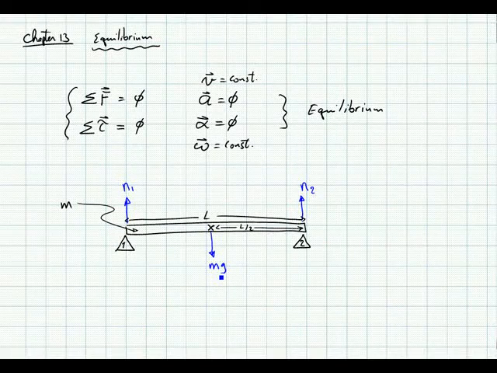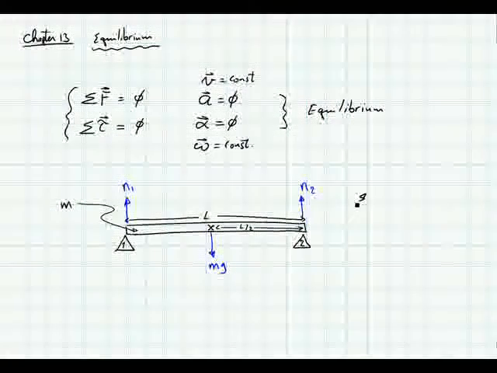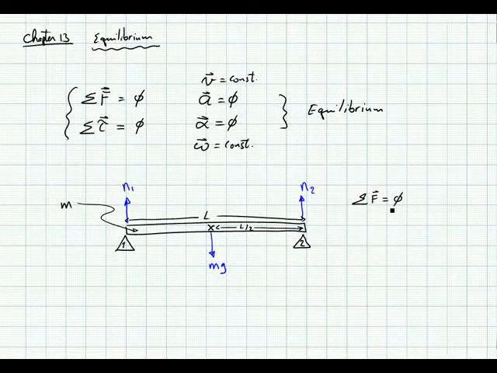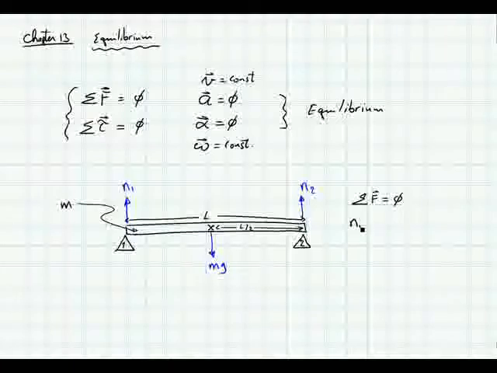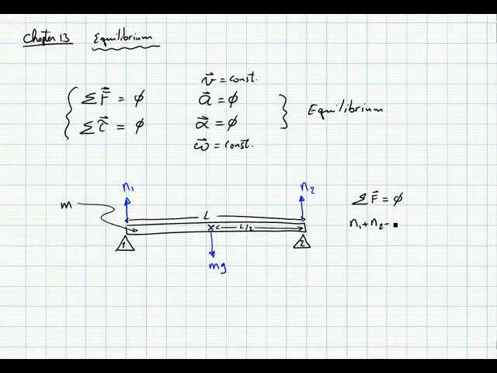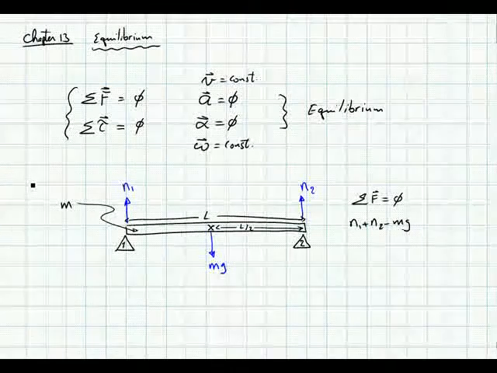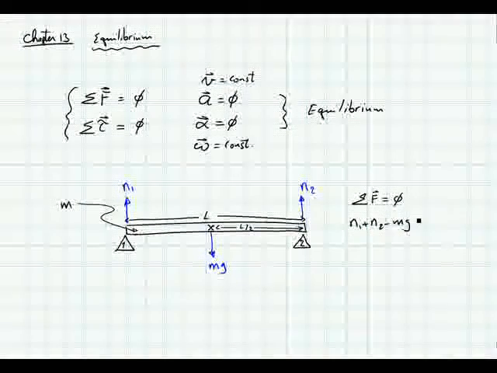Now the object is in equilibrium, it's neither translating nor rotating. Therefore, we know that the sum of all the forces acting on the body is equal to 0. The sum of all the forces is N1 plus N2 minus mg. Once again, I've chosen the up direction as my positive direction.